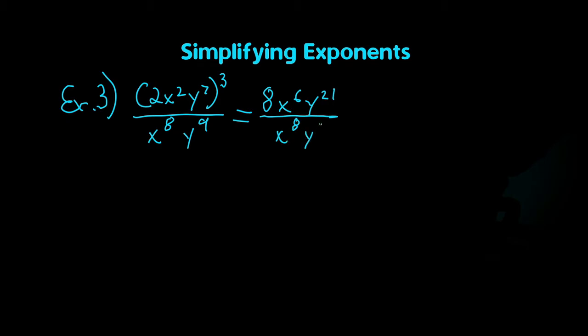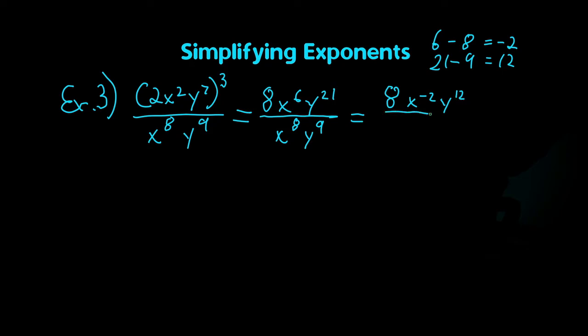Now we cancel out the exponents with the similar variables. So 6 minus 8 is negative 2, and 21 minus 9 is 12. So we're left with 8 times x to the negative 2nd power and times y to the 12th power.